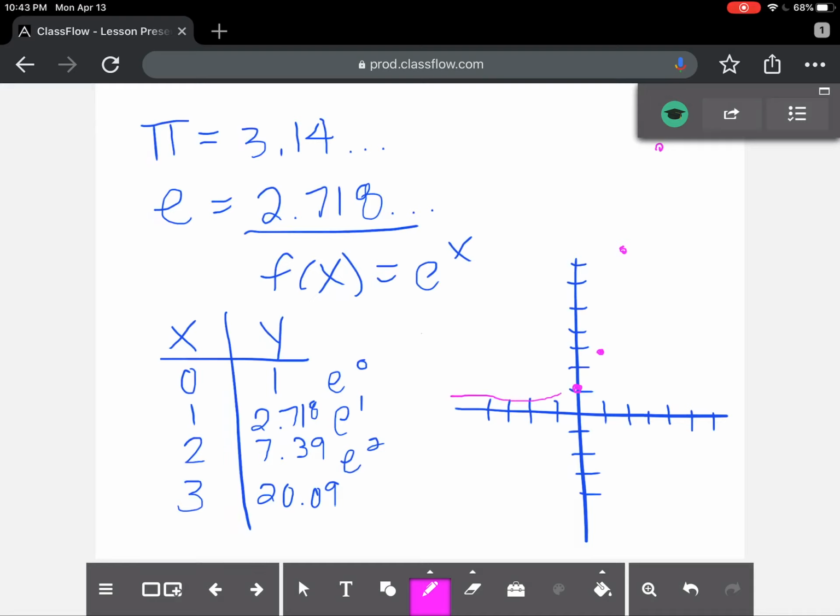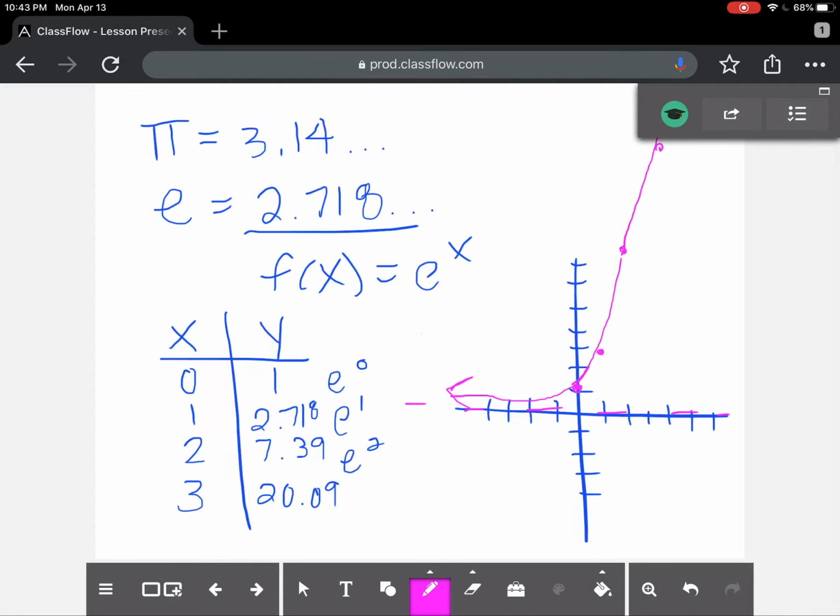Okay, again, it's exponential, so it's going to have that asymptote at the x-axis. And this side is going to go along the x-axis. So it's an increasing exponential function.